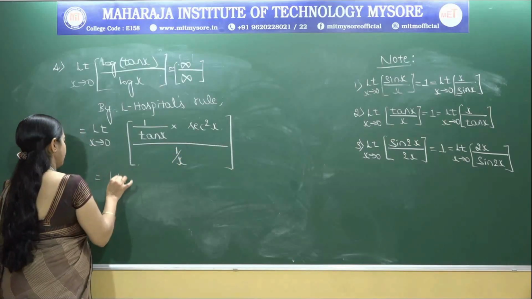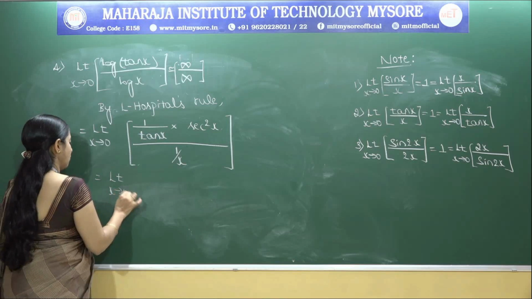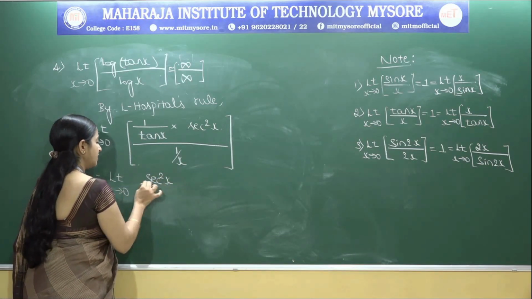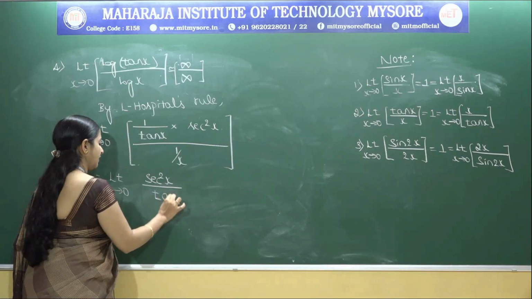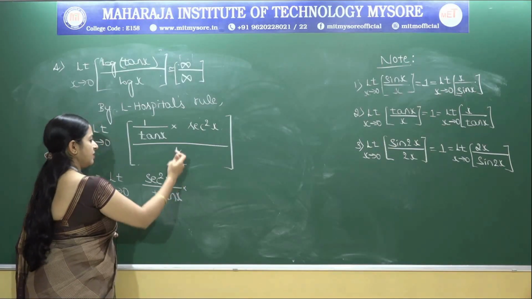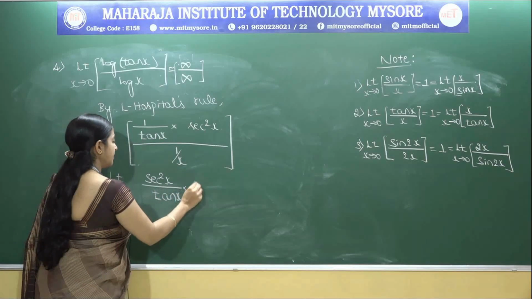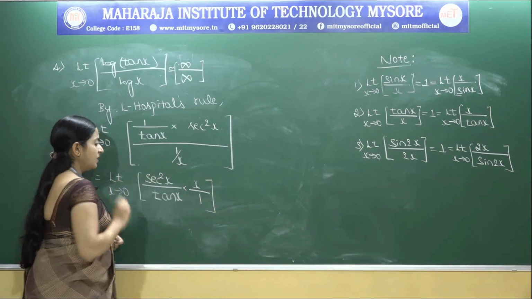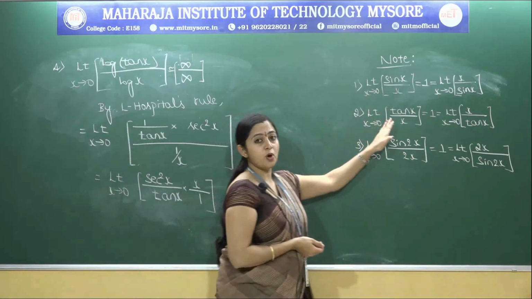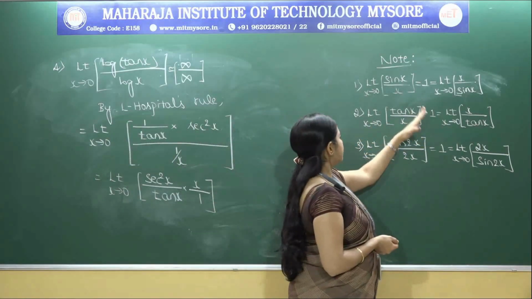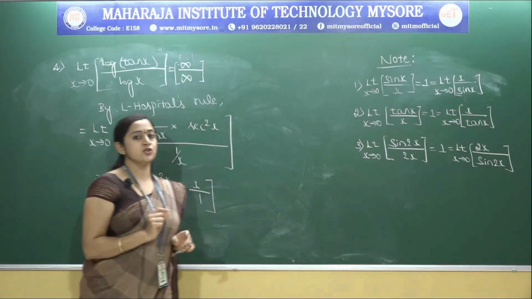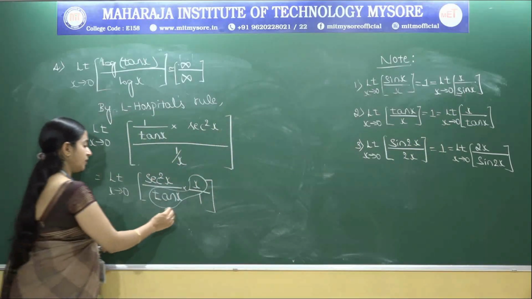The numerator you have the secant square x, denominator is tan x. Write 1 by x as x divided by 1, take the term to numerator. Then using this property, that is tan x by x or x by tan x, for the limit x tends to 0, you can write the term as 1.